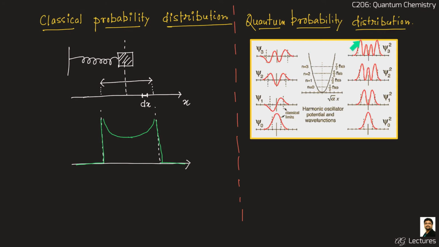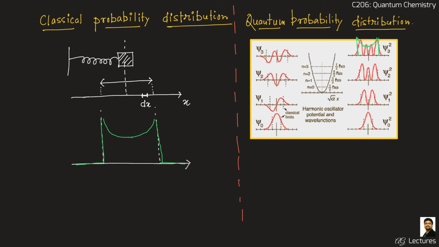And you have a picture like this in the classically forbidden zone, and then the probability distribution has a shape like this. This is exactly the shape that we got for the classical case.